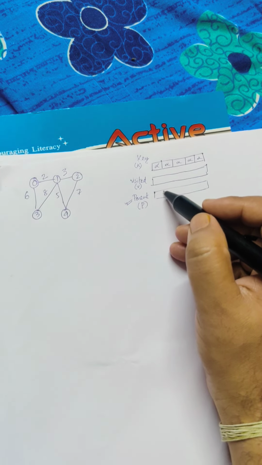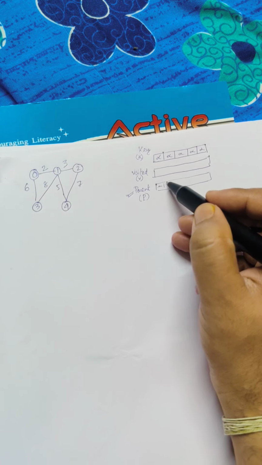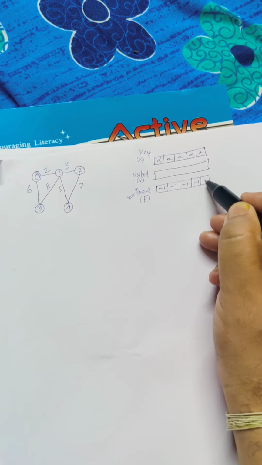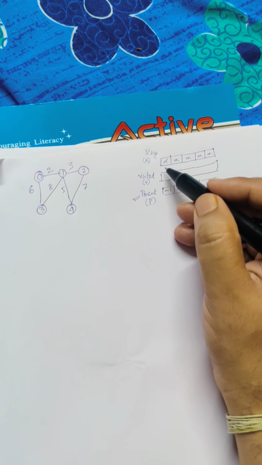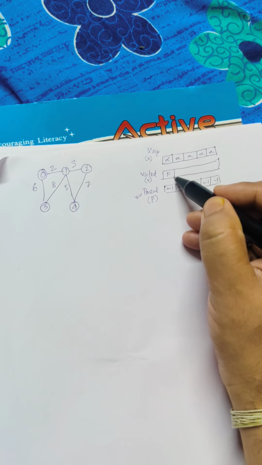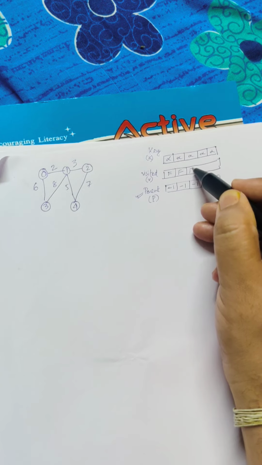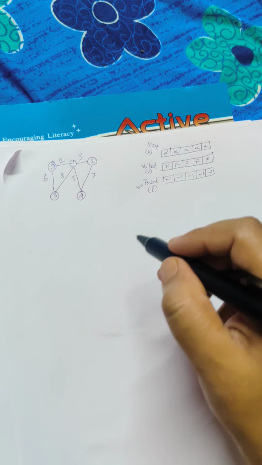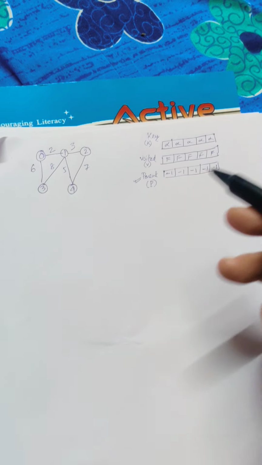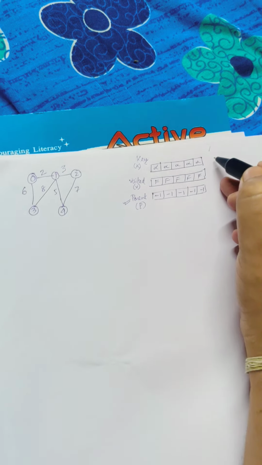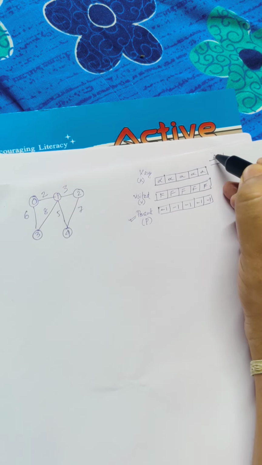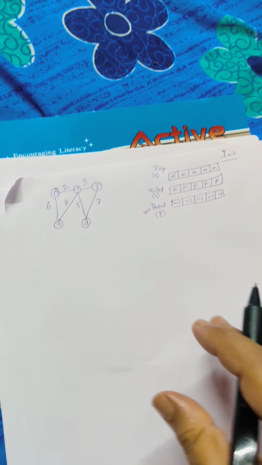Initially no one is parent to anyone, so I put -1 in all the cells. For visited, initially every cell is not visited, so everything is going to be false. So there are 5 cells, and in the very beginning of the program, everything looks like this.